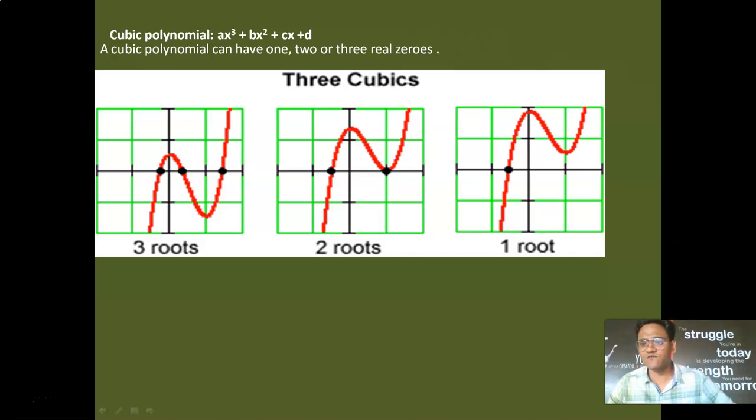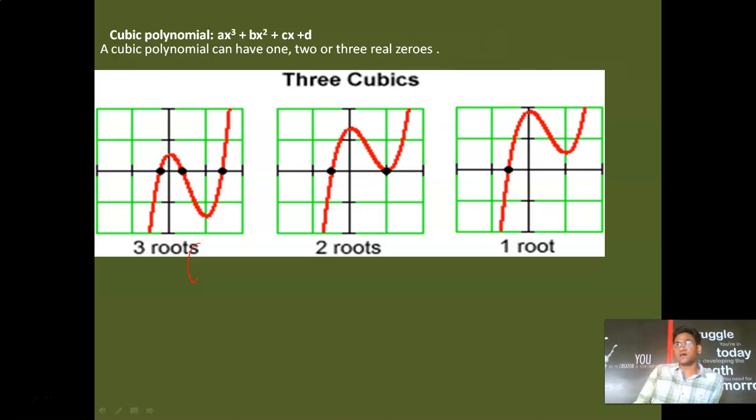You can see that in the first case the curve is meeting the x-axis three times, here and here. So here I am getting three real roots. In the next case we are getting two real roots, and in the final case only one real root, but minimum we will have one real root. So this is for the cubic polynomial.